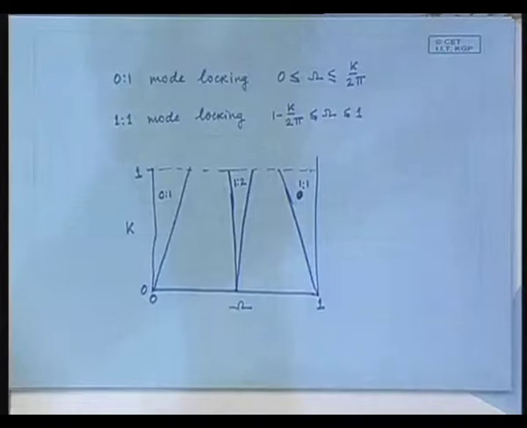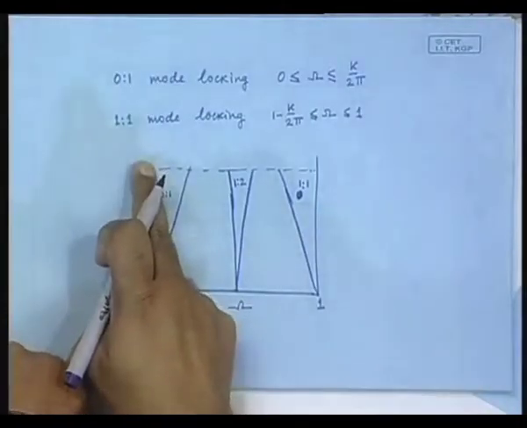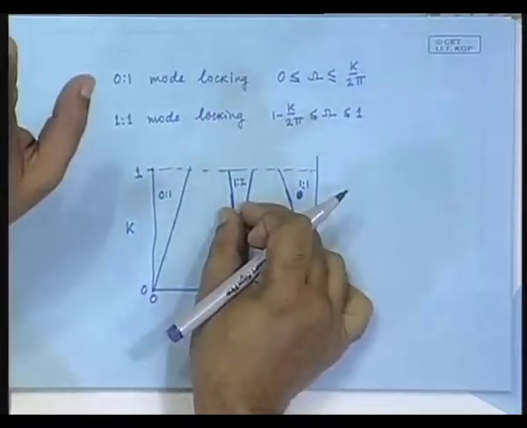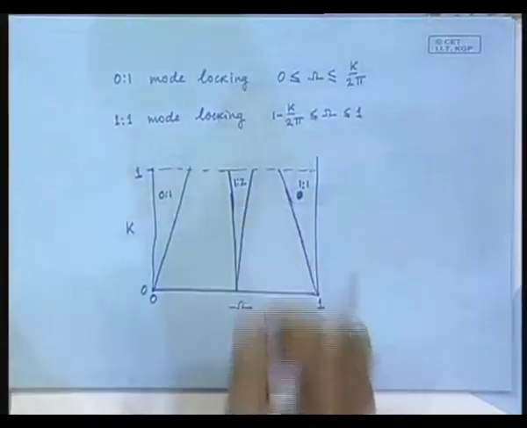Now, we will get into the interesting part of it, if these arguments are understood. So, the larger the value of k, the larger will be the range of omega for which we will get the periodic mode locking windows. Second point is that the higher the periodicity, the narrower will be the range in which they will occur.